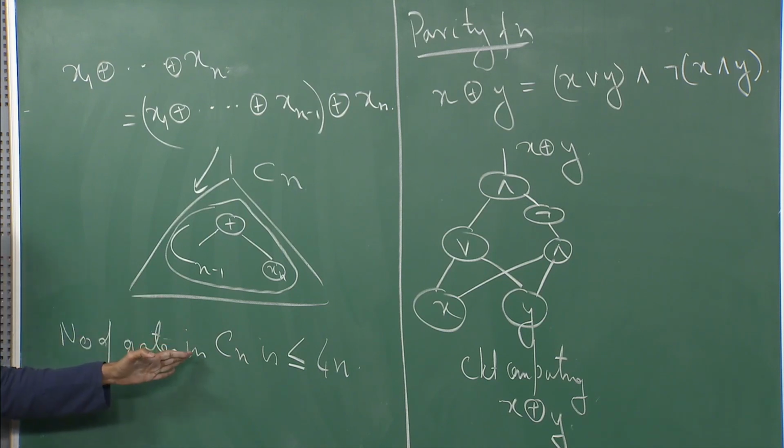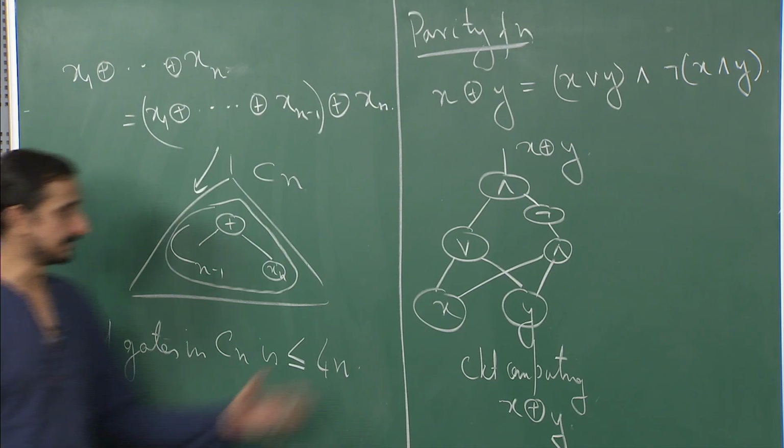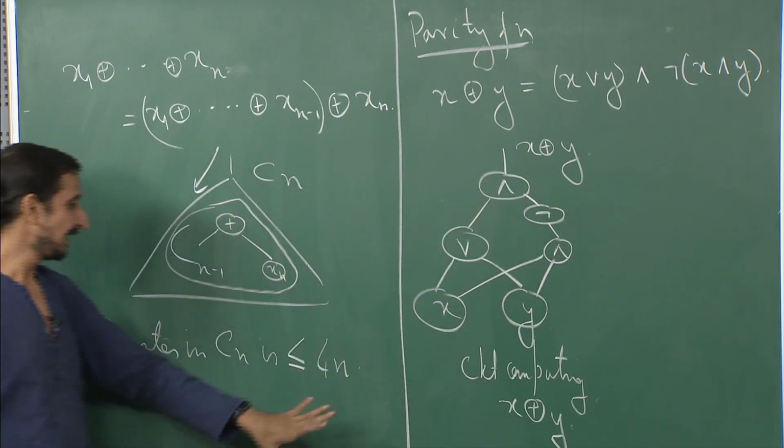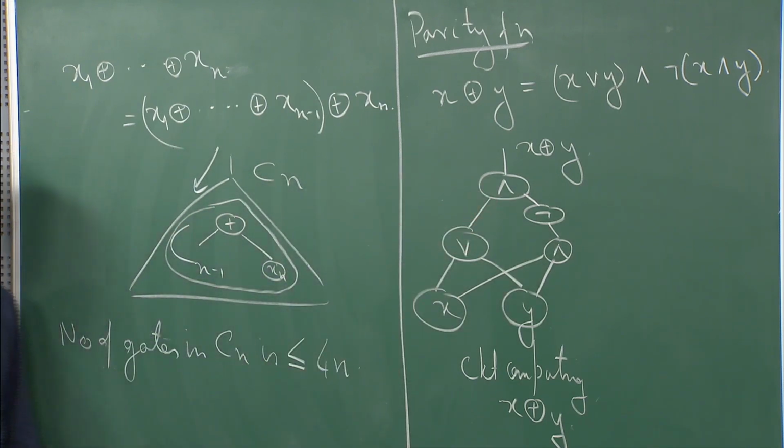To go from n minus 1 to n, one needs to add at most 4 additional gates, and this will give me a bound of 4n. Now this gives us an upper bound on the size of a circuit computing the parity function.